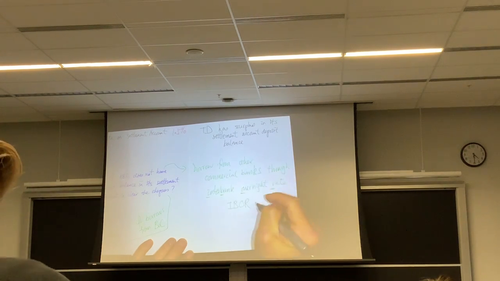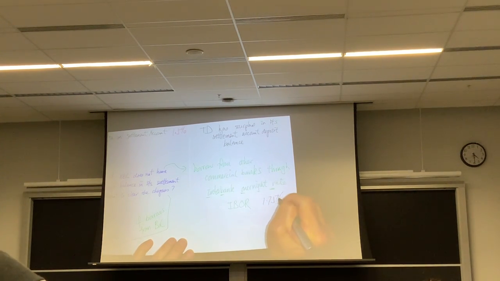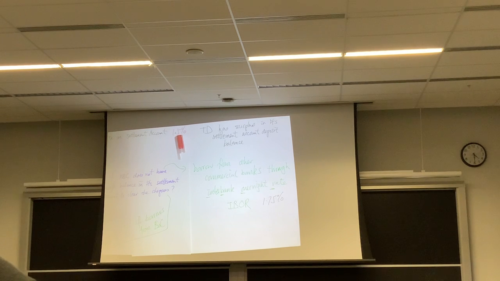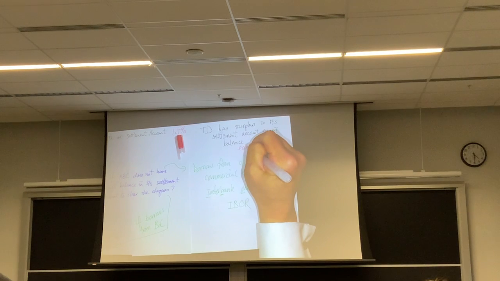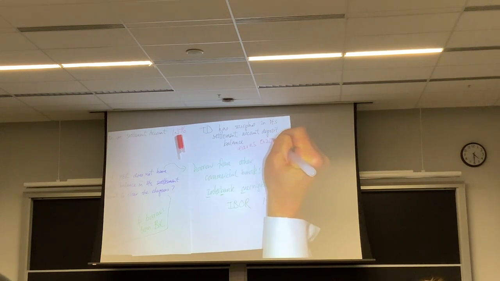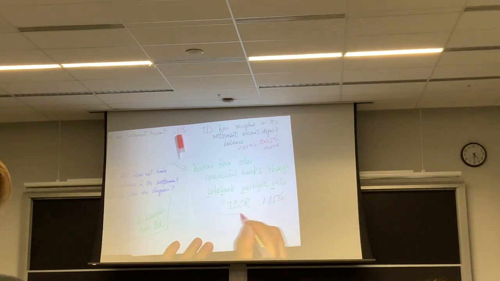If TD can earn 1.75%. So compared to leaving the money in the settlement account, TD will only earn 1.5%. And if TD lends money to RBC in the overnight market at the IBOR, it can earn 1.75%. That is, TD can earn 0.25% more by lending in the overnight market to RBC.